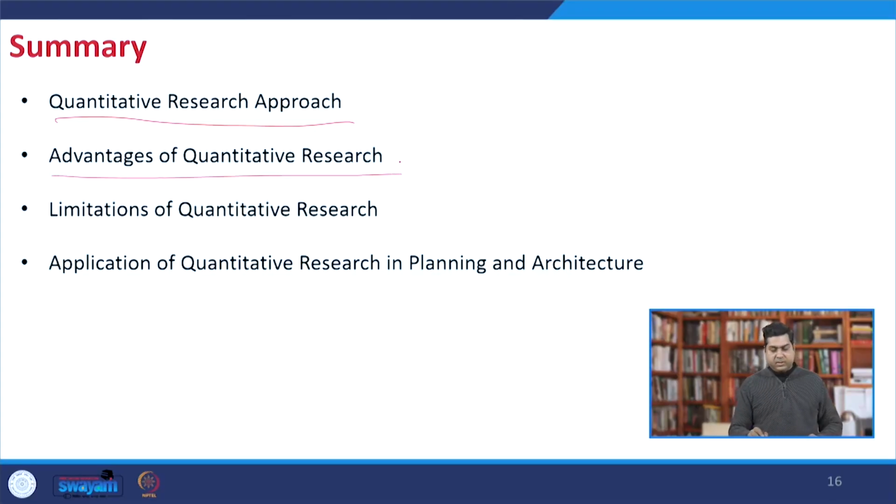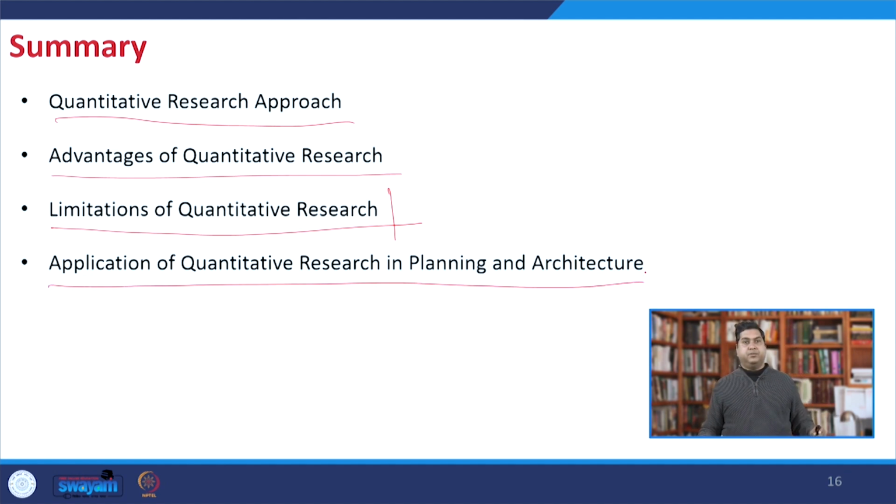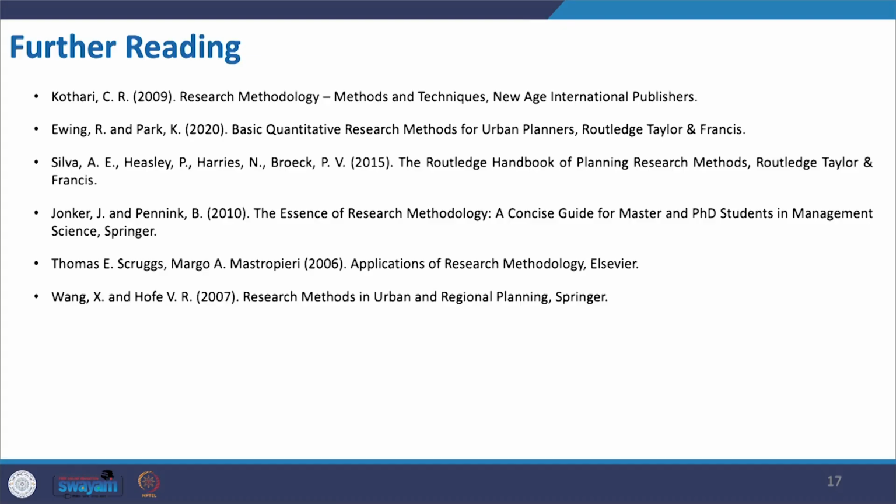We have discussed several advantages of quantitative research and also certain limitations, such as losing the subjectivity or qualitativeness of the phenomena. We have also discussed several areas of application in different domains in planning and architecture. So with that we end this lecture here. These are some further reading.